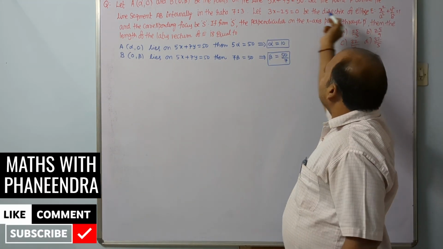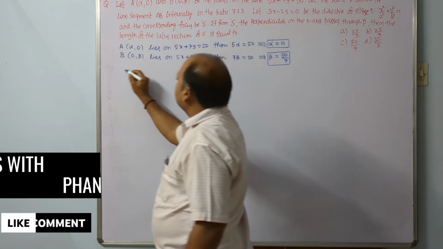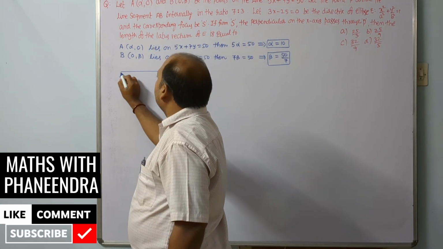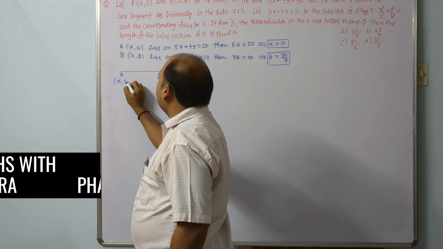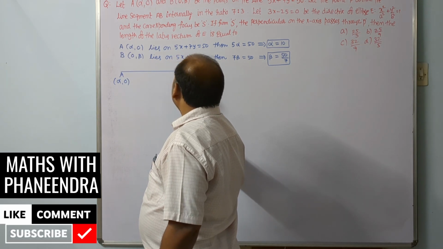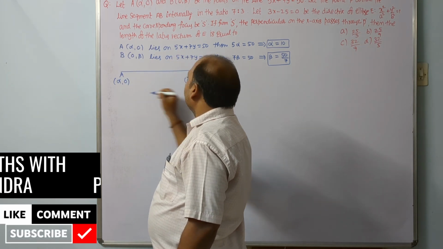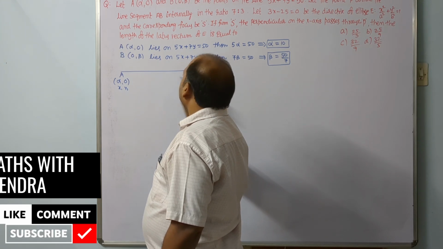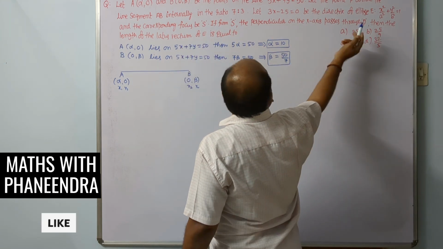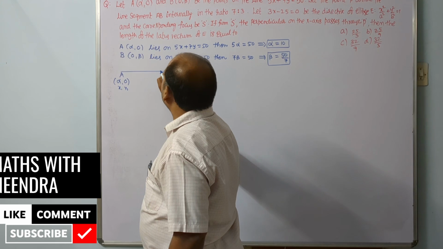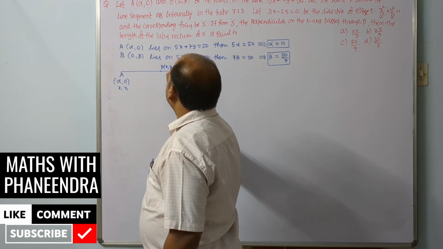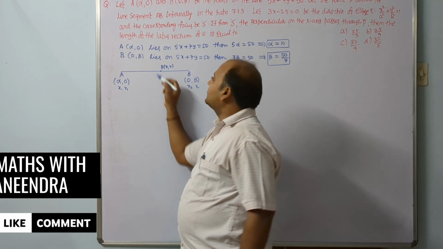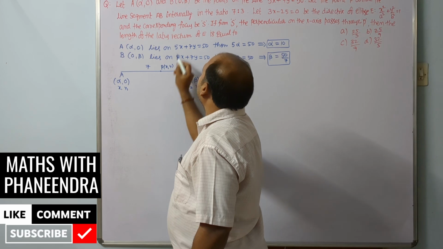Let the point P divide the line segment. So this is the way you can do that. A(alpha, 0), B(0, beta). This is x1, y1, x2, y2. So let P be any point, I am taking here (x, y), which divides in the ratio of 7:3 internally.